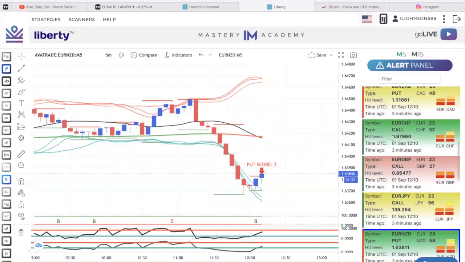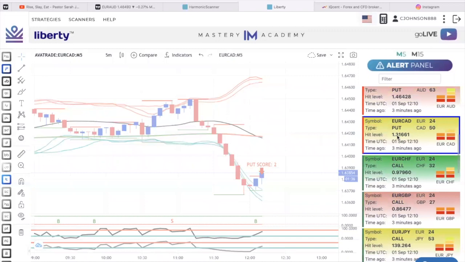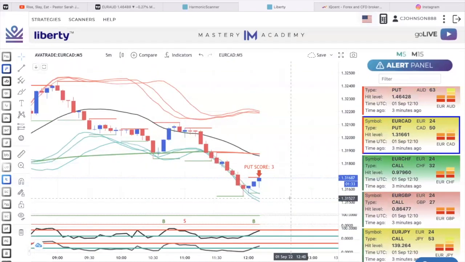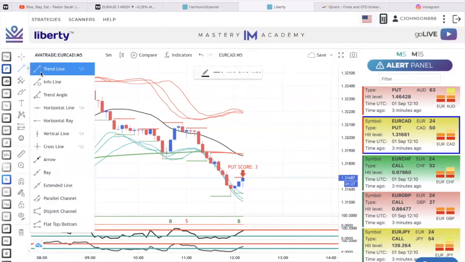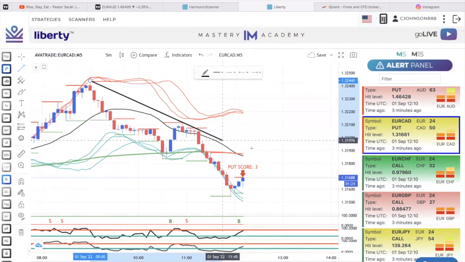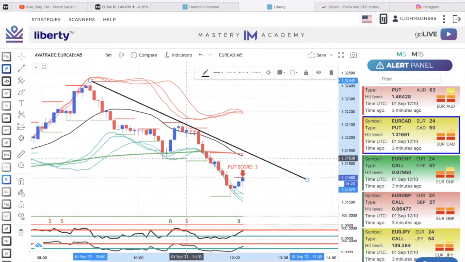So what I want to do is pick a currency pair that I think will be a good trade to get into. And really all I'm doing is seeing, is it in an uptrend or a downtrend? Because if it's in a downtrend, like you see here, I like to draw a line. If it's in a downtrend, you automatically know I'm only going to be looking for sells. And a sell just means that it's going in a downward direction.